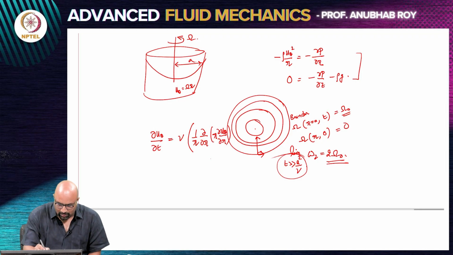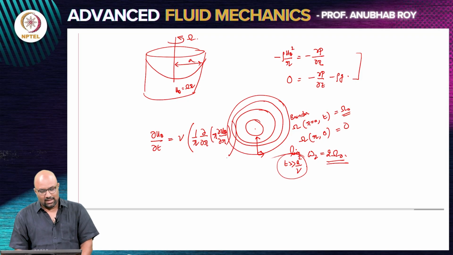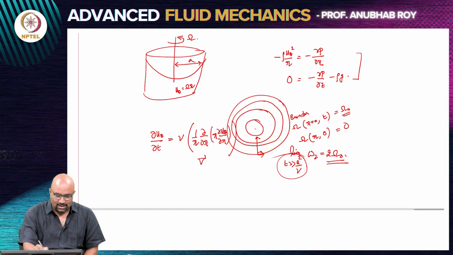I'm not sure, I think there would be additional terms, but those will most likely go to 0, because there is one term which is proportional to ur and there is one term which is proportional to dou theta of u theta. So whatever you have here as the Laplacian of u theta, that's the one which will be there.